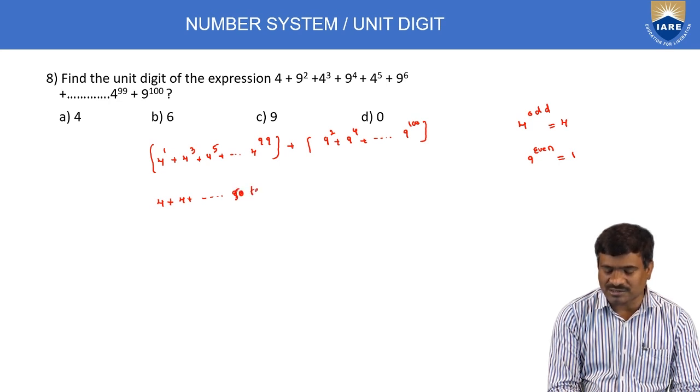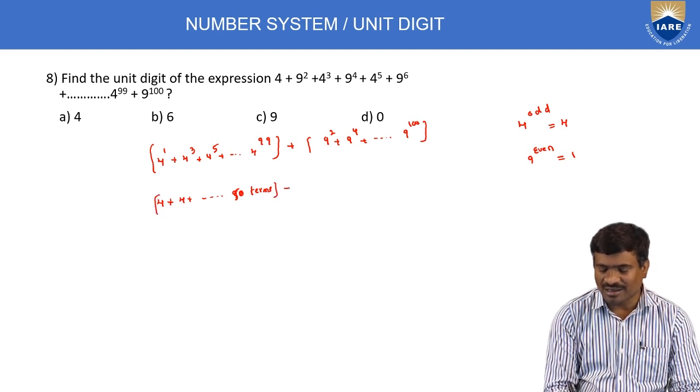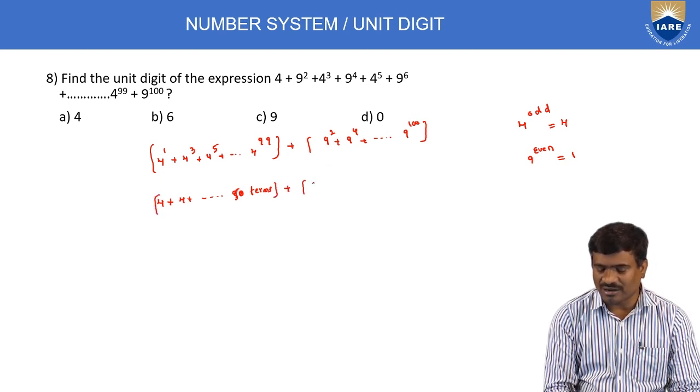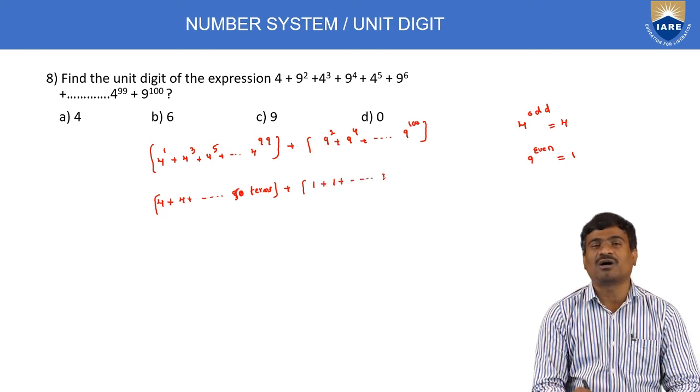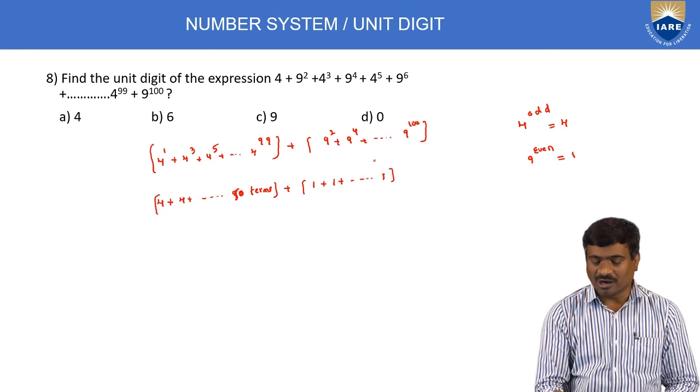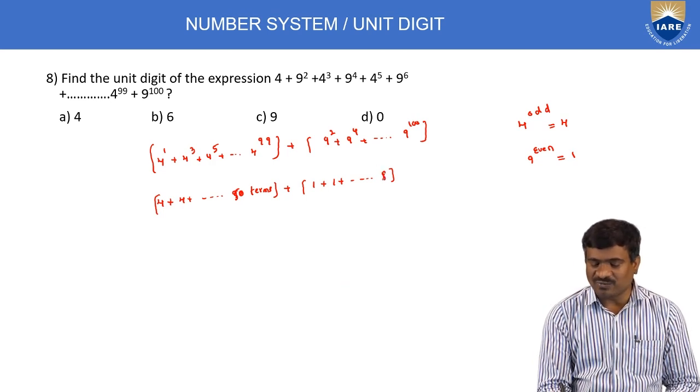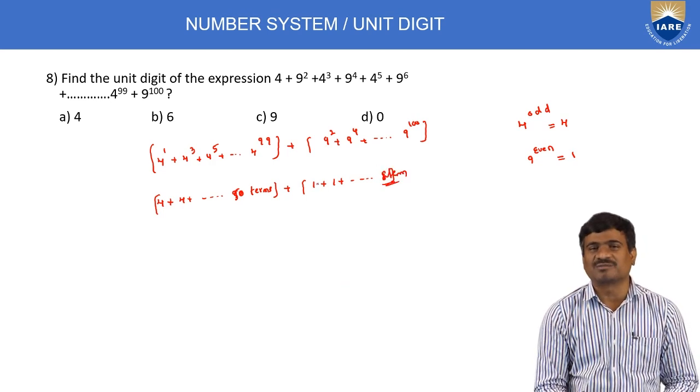In total there are 100 terms: 50 terms of 4 and 50 terms of 9. 9 to the power of an even number is 1, 9 to the power of 4 is 1, and so on, only 1, because the power is an even number. So 9 has 50 terms and 4 has 50 terms.